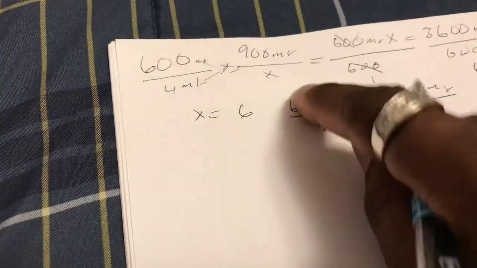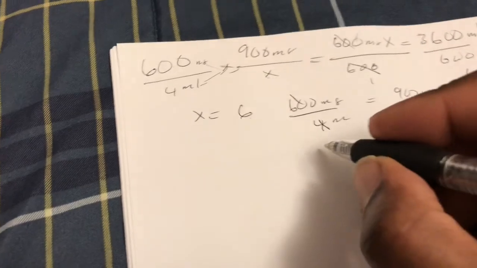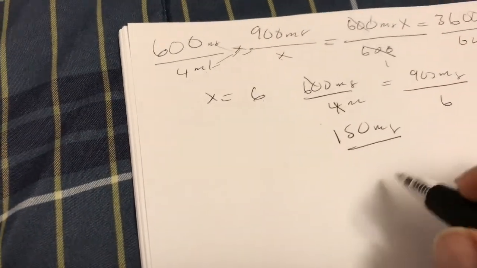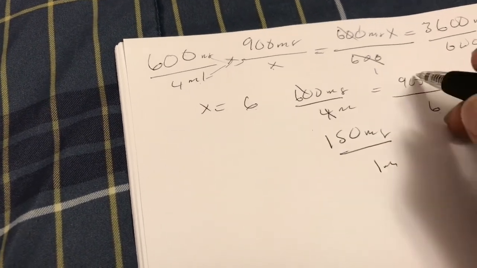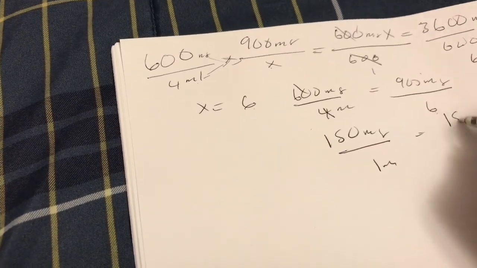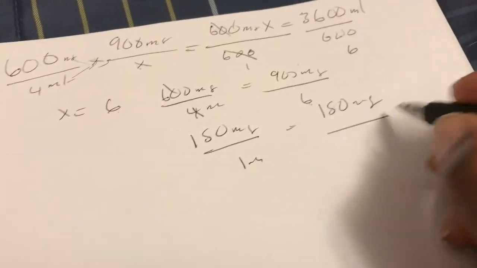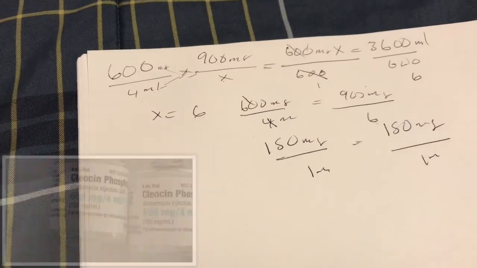Get your calculator, guys, and divide. If you divide 4 into 600, what do you get? You should get 150 milligrams over 1 ml. And 6 divided into 900 should be the same, 150 milligrams over 1 ml. Look closely on that vial, guys. You see what I'm talking about.